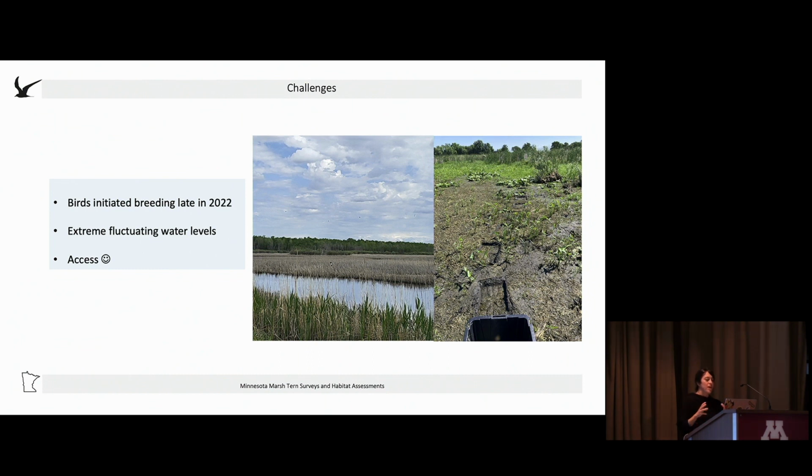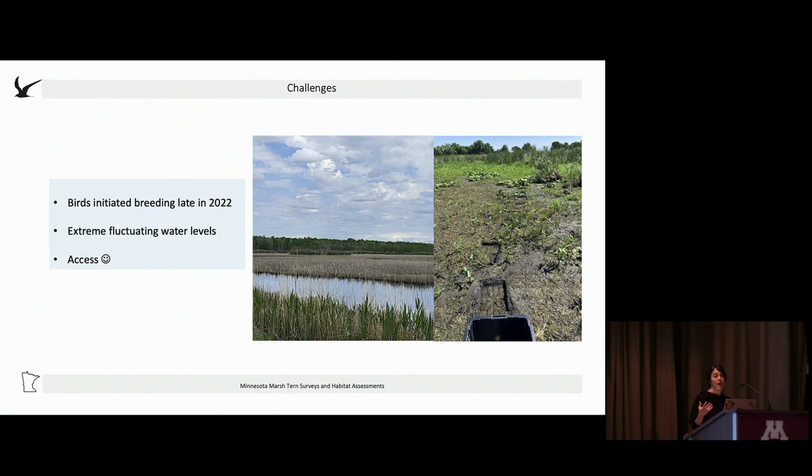So a couple of the challenges that we had: Minnesota is what it is. The birds, for both species, initiated breeding later than we had expected, and we didn't really expect that, so we had to stop our surveys for 2 weeks and restart, which shifted our whole field season. And then, of course, it was a really wet, cold, late spring.